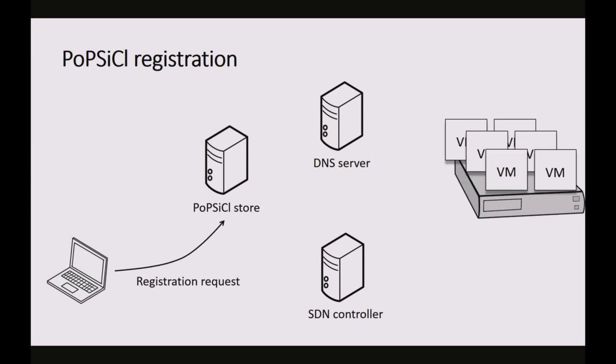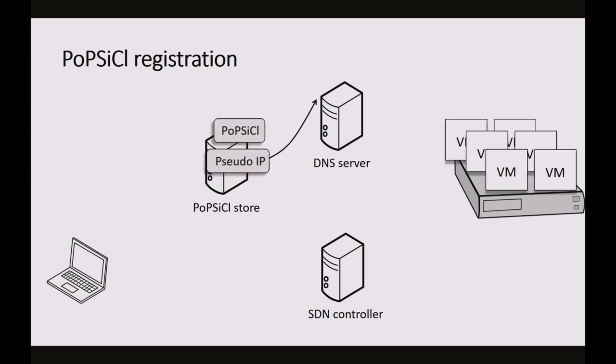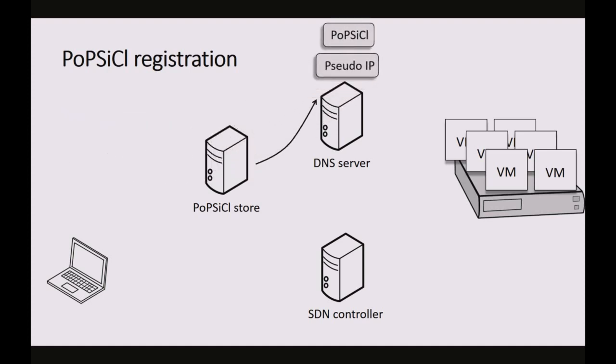The popsicle store is first going to create the popsicle, as well as a pseudonymous IP address, which is actually the IP address of an SDN controller that's running in the same data center as the tenant server. So basically for all the tenant servers in that data center, they're going to get a pseudonymous IP that's really just an SDN controller of the data center. In addition, first of all, that will be provided to the DNS infrastructure for resolving the popsicle.